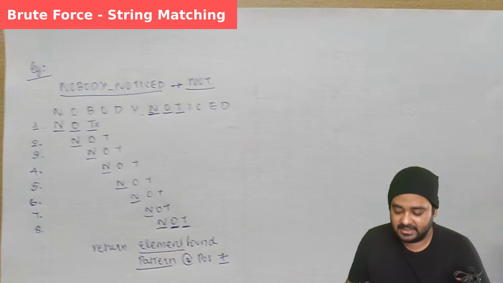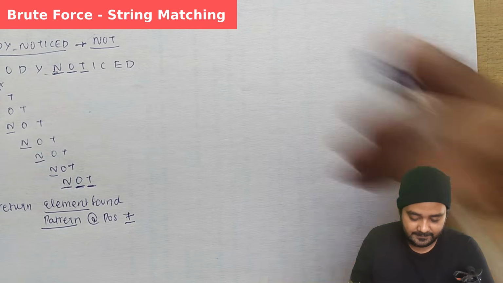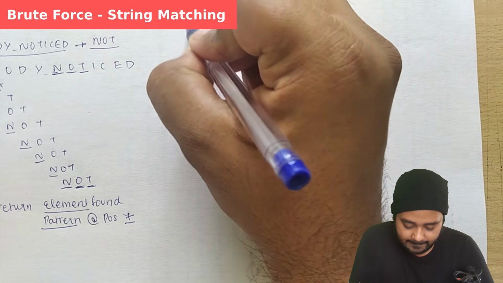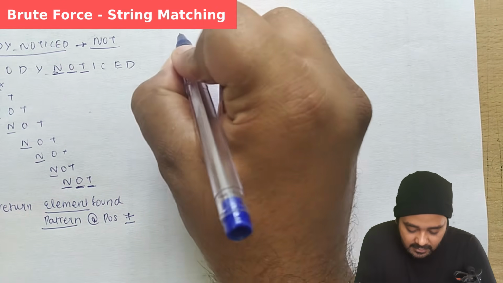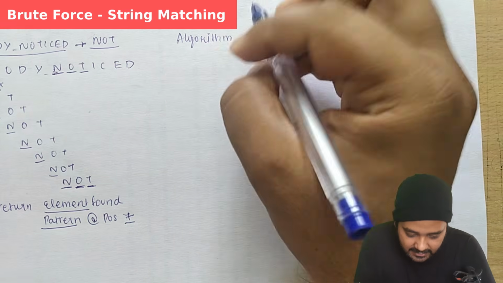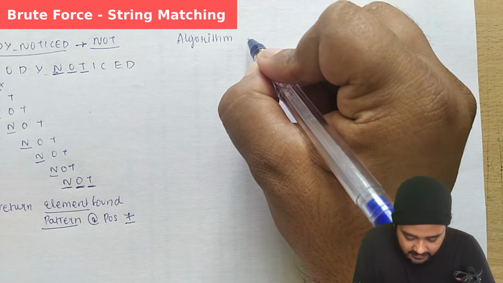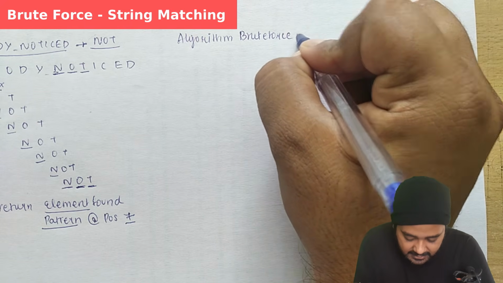So now we shall look at the algorithmic part of it. Let me write down the algorithm. An algorithm always begins with the keyword algorithm. So it is an algorithm for brute force string matching.